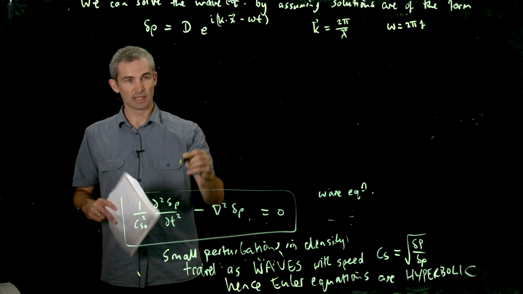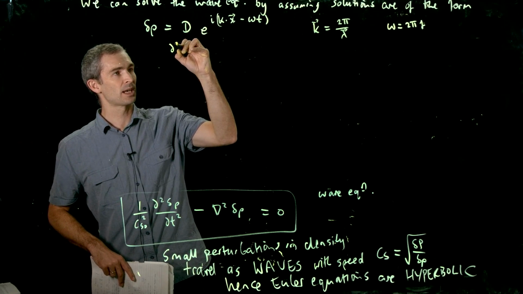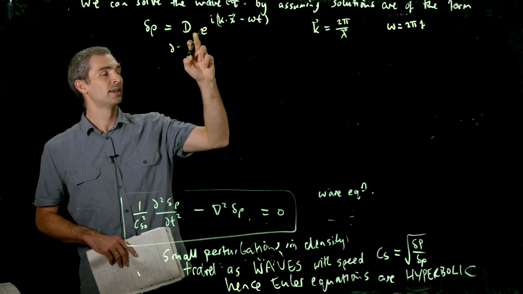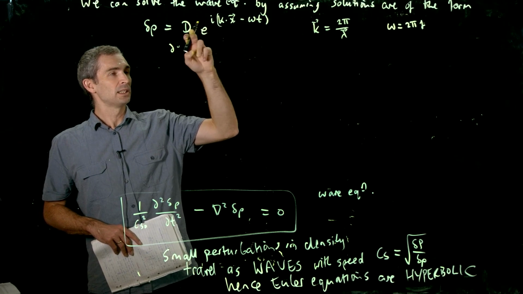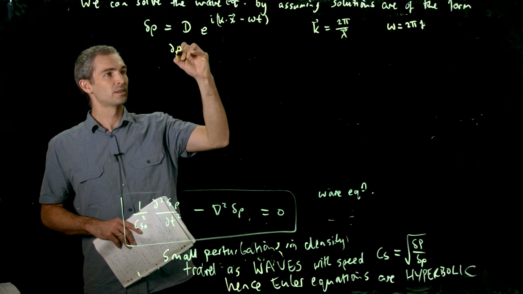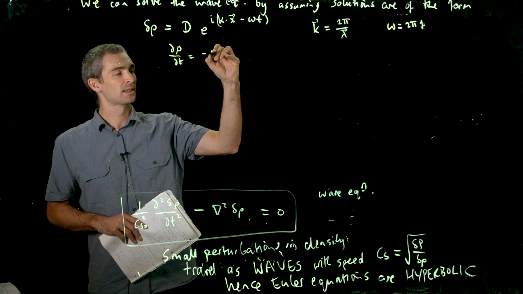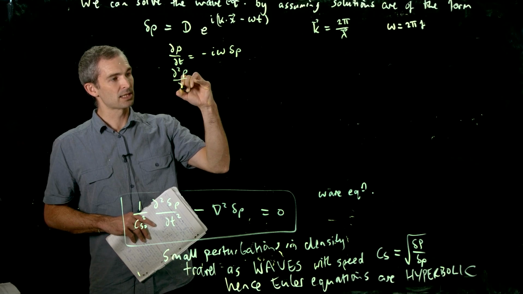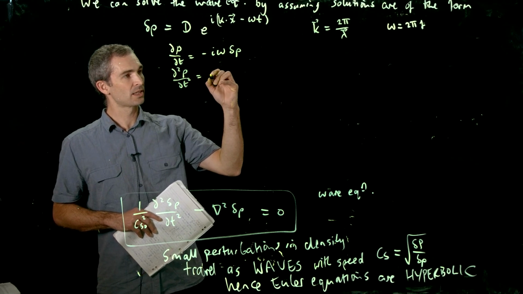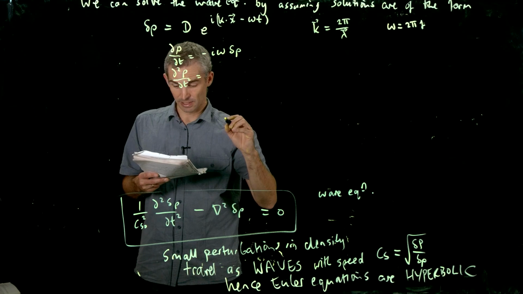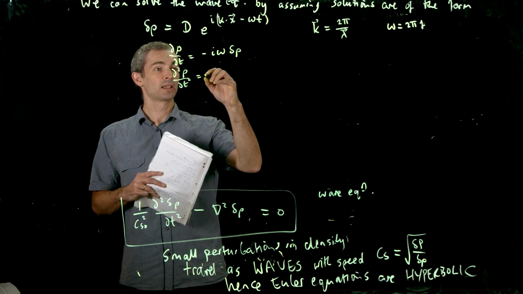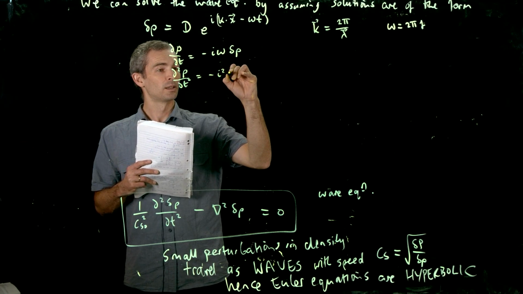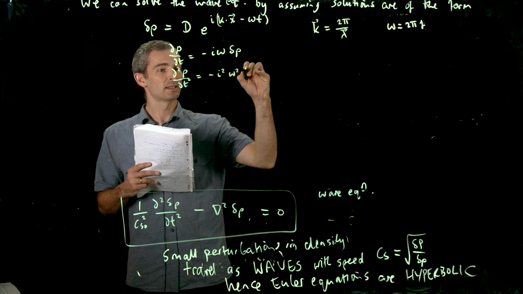So let's just do d dt of rho first. d rho dt is going to give us a minus i omega delta rho. d squared rho dt squared is going to give us a minus i squared omega squared delta rho.